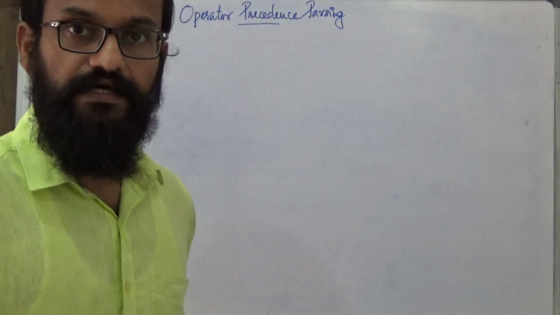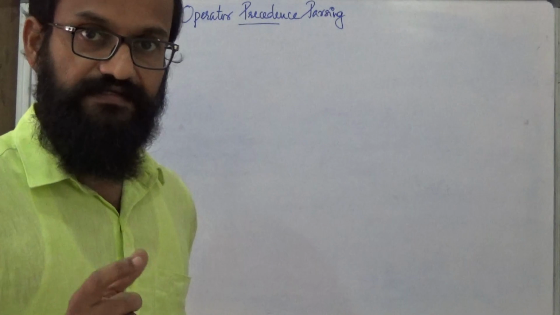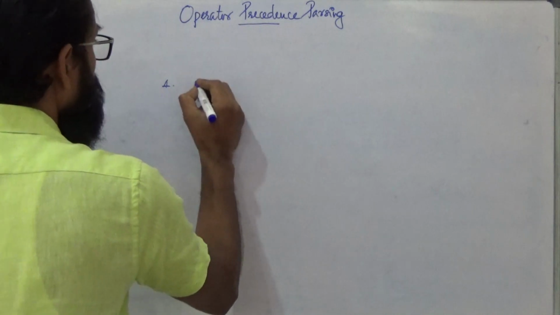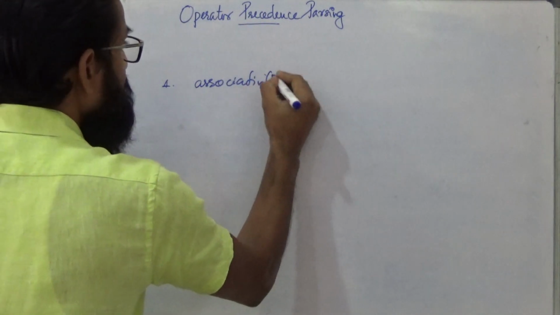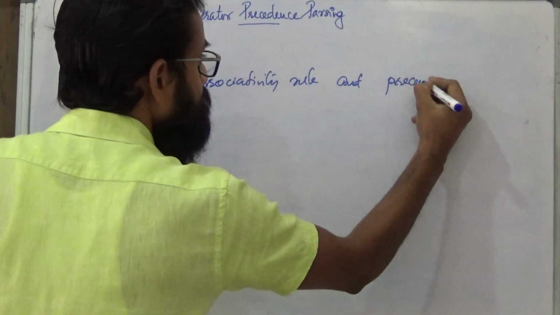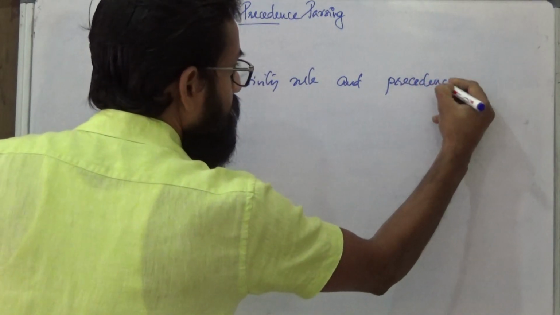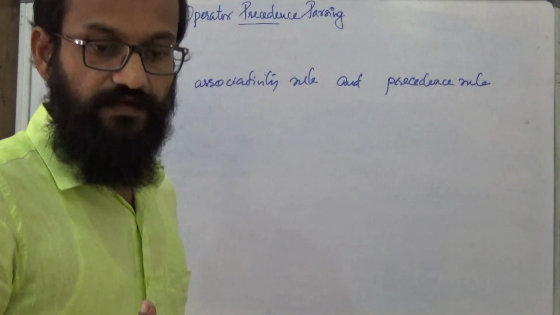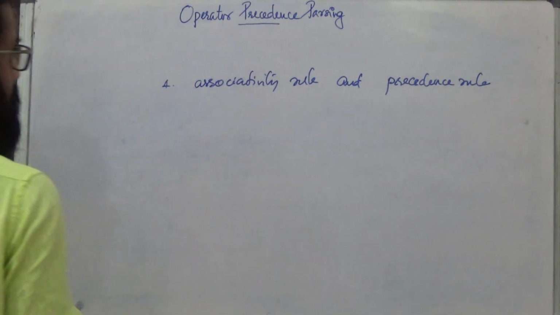In the first method, you can directly determine the operator precedence relation between the terminal symbols based on associativity rule and precedence rule. So this will work well for grammars that represent arithmetic expressions or logical expressions.